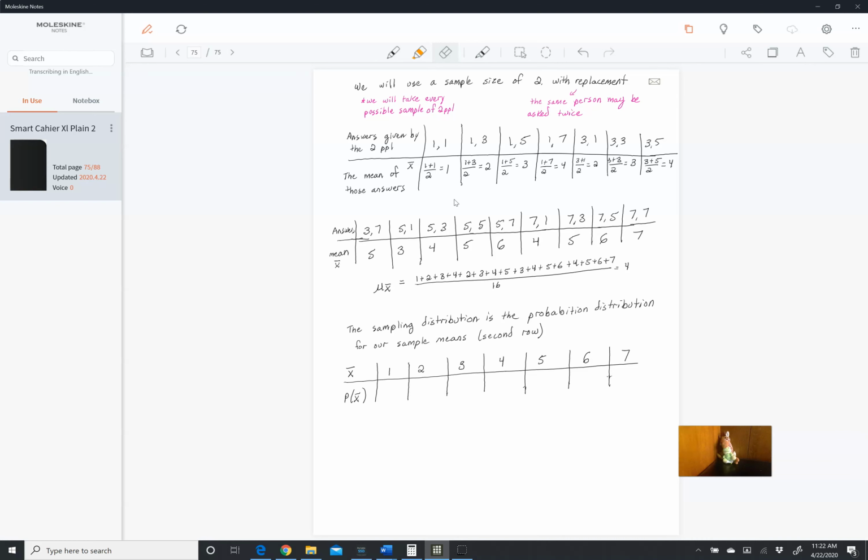So now we're going to create a probability distribution. So the total number of samples that we have is 16, right? So the sum of the frequency is 16 because we have 16 samples.